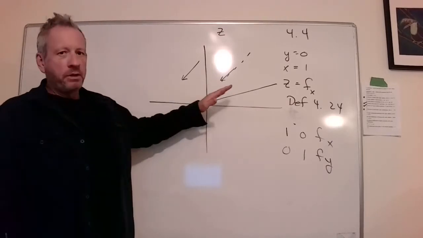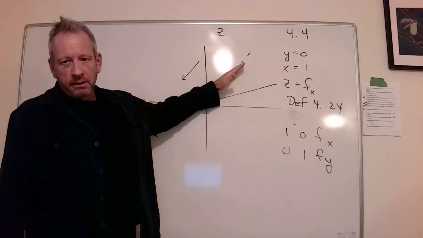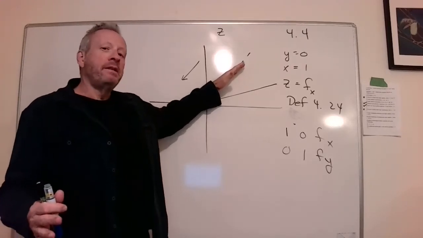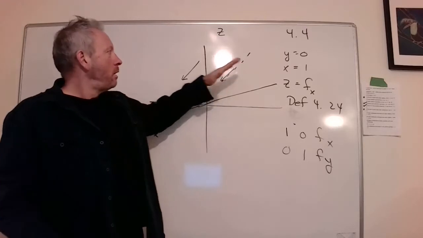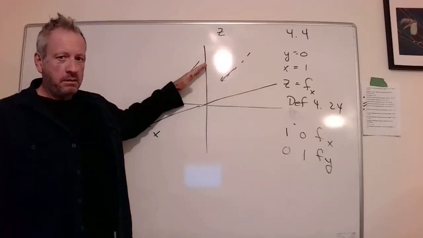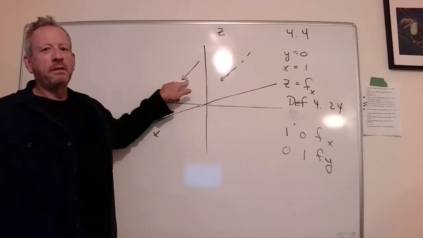So you use the partial to give you a tangent line. Now that tangent line will be contained in the tangent plane. We project that on the xz plane. The partial gives us the slope of this line.